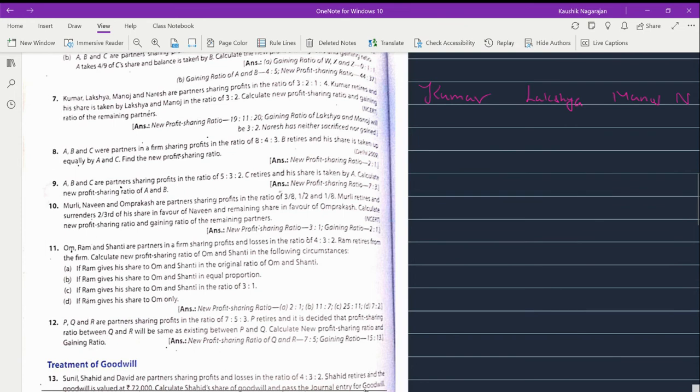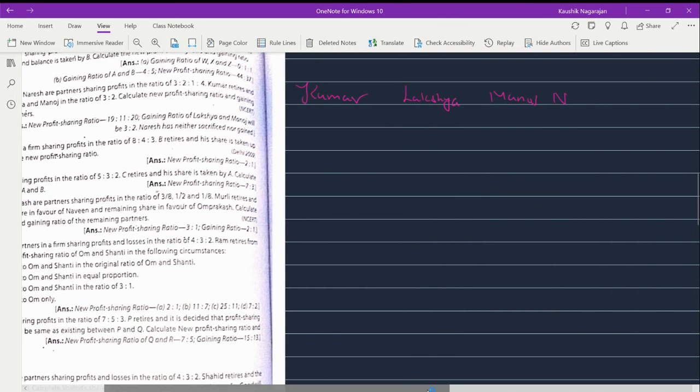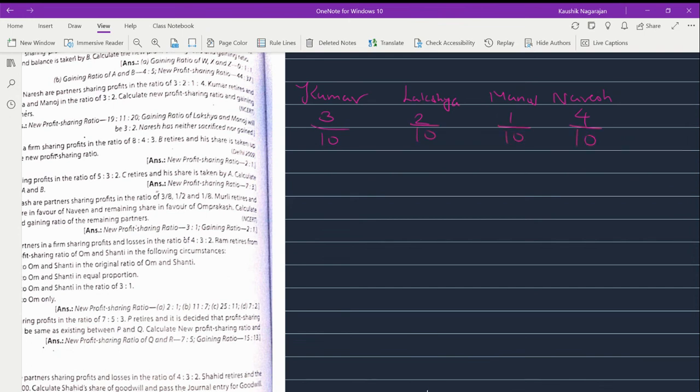So, that fourth partner is Naresh. And the given profit sharing ratio was 3 is to 2 is to 1 is to 4, which means 3 plus 2 is 5 plus 1 is 6 plus 4 is 10. So 3 by 10, 2 by 10, 1 by 10, and 4 by 10.